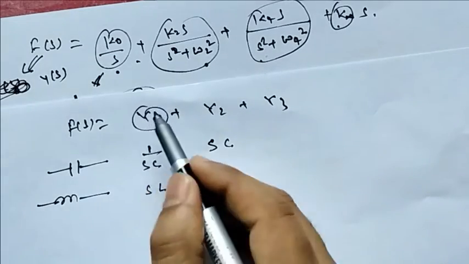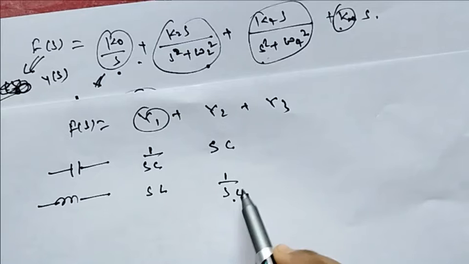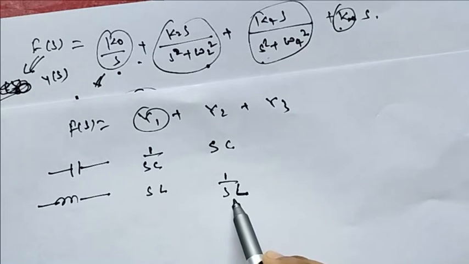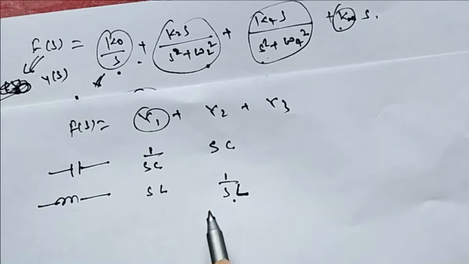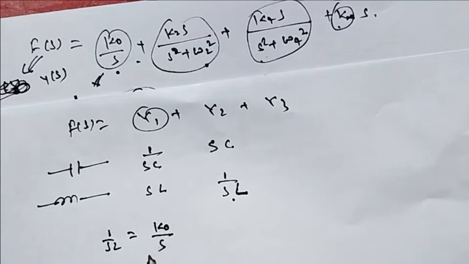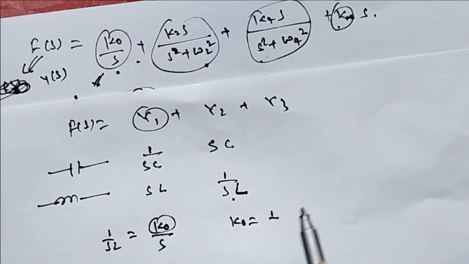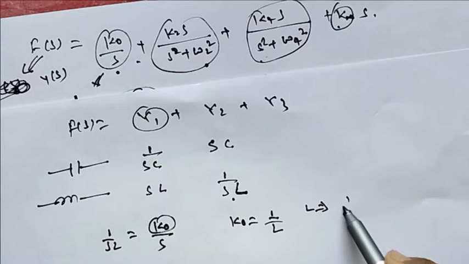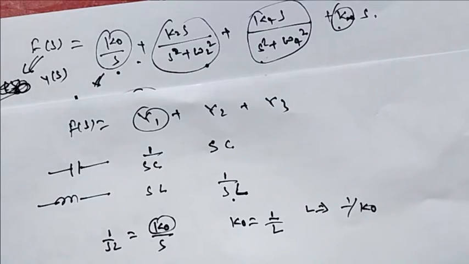Now if you see, Y1 is K0 by S, which resembles this one. If you compare 1 by SL with K0 by S, then what are you going to get? K0 is nothing but 1 by L, or L is equal to 1 by K0.